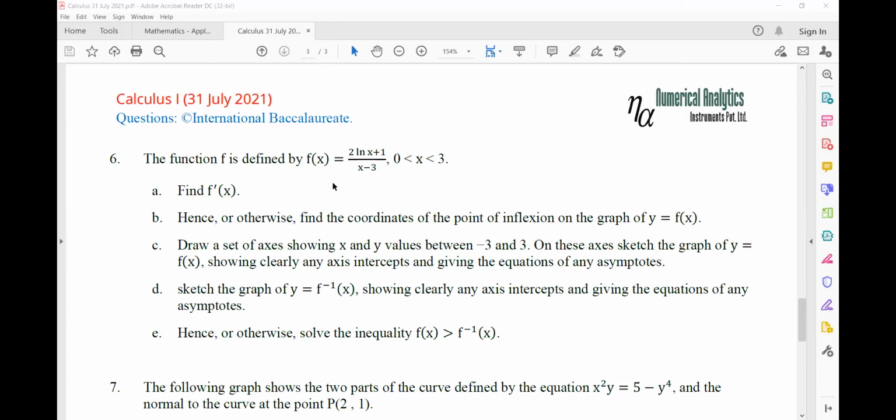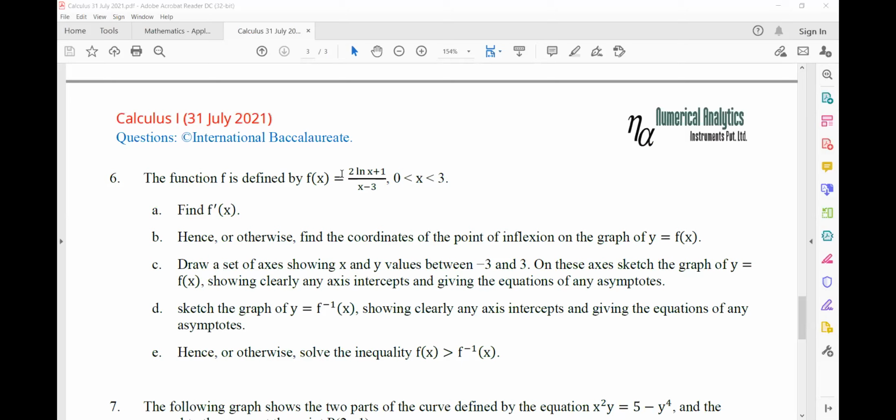Find f prime x, that is the first derivative, commonly called f dash x. Hence or otherwise, find the coordinates of the points of inflection on the graph of y equals f(x). Then draw a set of axes showing x and y values between -3 and 3. On these axes, sketch the graph of y equals f(x).